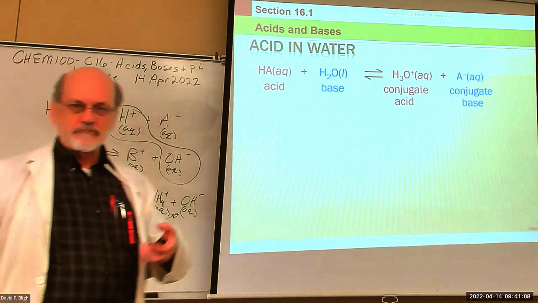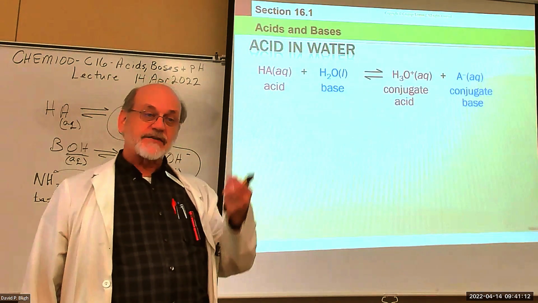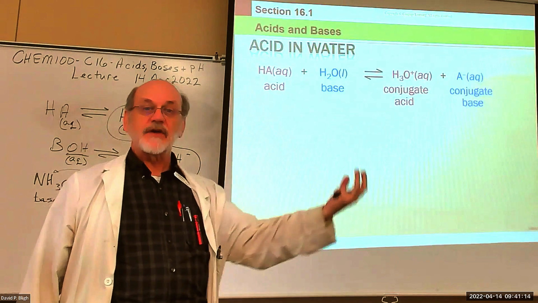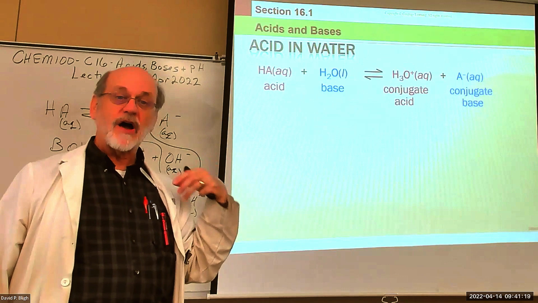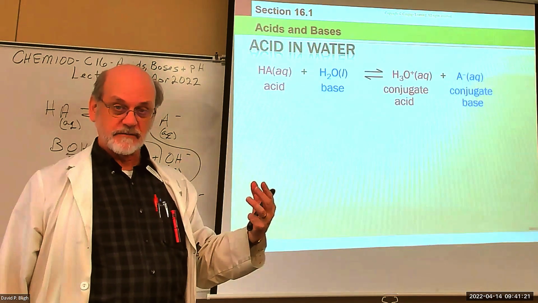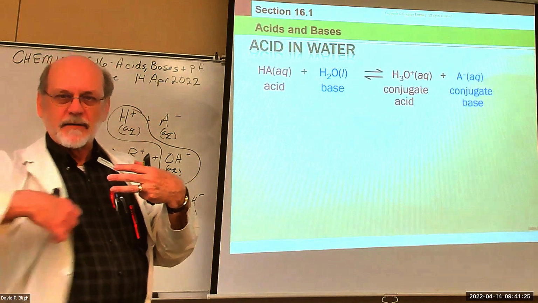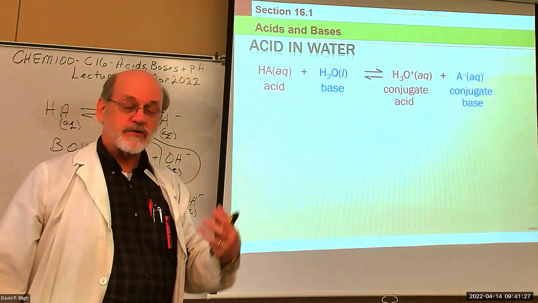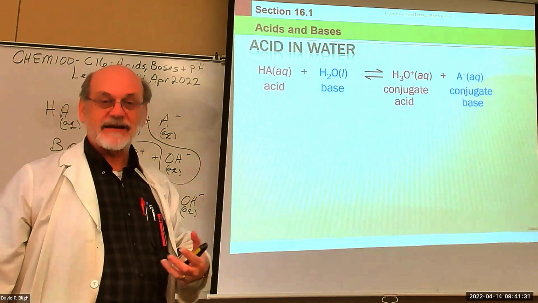So more definitions. According to Bronsted and Lowry, the acid donates a proton and the base accepts a proton. And then when you produce products as a result of that reaction, the base that accepted the proton now has that extra proton, and it can act as an acid.